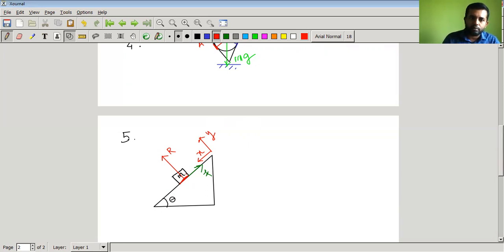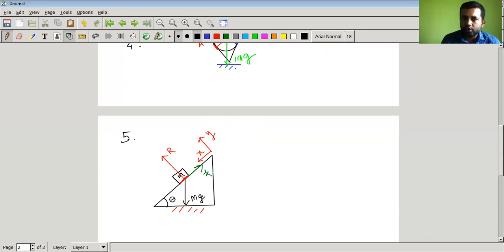Now what about gravity? So this is earth, right? Weight always acts perpendicular to the surface of the earth, so you will find a force mg. This is by the earth. So this is the free body diagram of the block resting on an inclined plane.